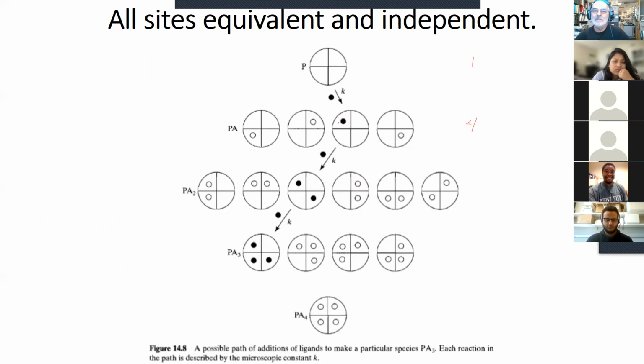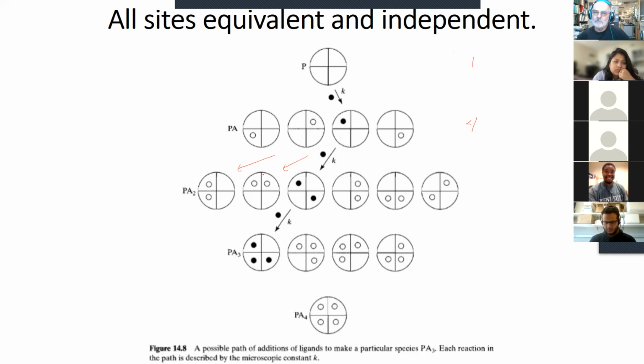And then you go to a particular isomer, which then allows another form to bind, which then allows another form to bind. But notice, once you're here, you can go to a number of different pathways. So instead of filling this site, you could have filled that site, or you could have filled that site.